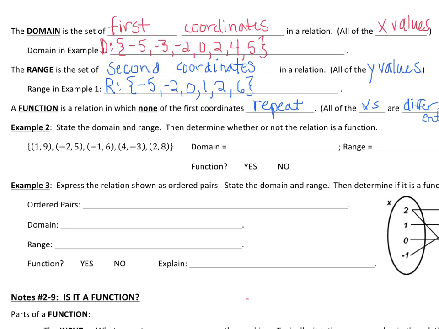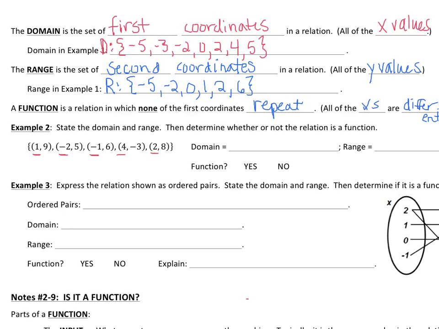Okay, so let's look at example 2. Example 2 says state the domain and range, and then determine whether or not the relation is a function. Well, for domain you want to look at the first coordinates, which are your x coordinates, and so we're going to underline them. We've got 1, negative 2, negative 1, 4, and 2.